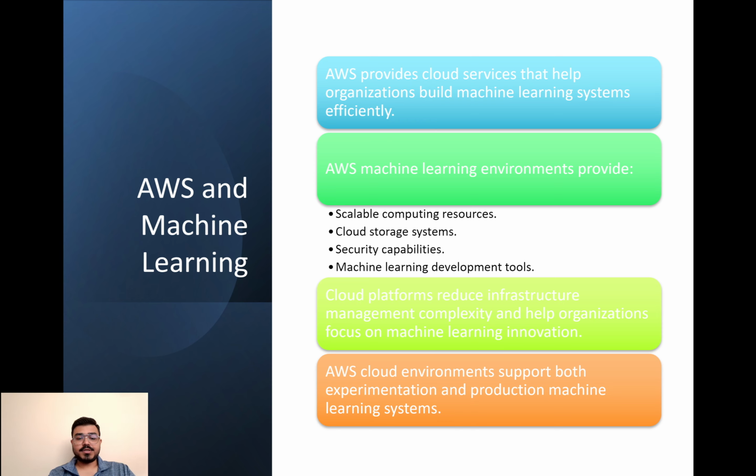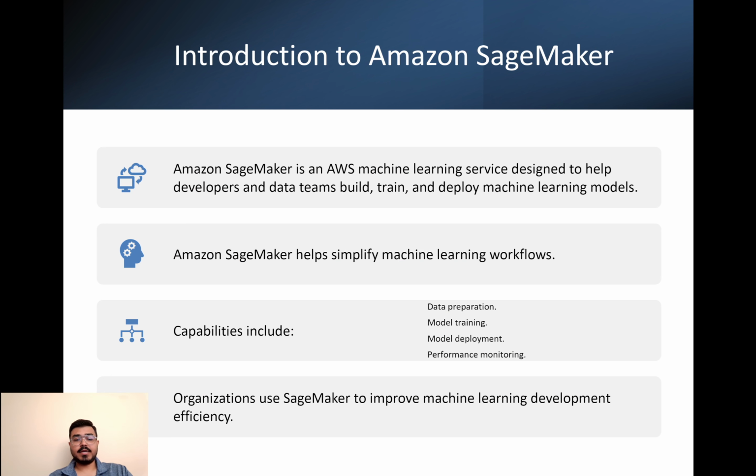Cloud technologies reduce infrastructure complexity and allow organizations to focus more on machine learning innovation. AWS cloud environment supports both experimentation and production machine learning systems. This flexibility makes AWS important for modern machine learning development. Let's move to the next slide.